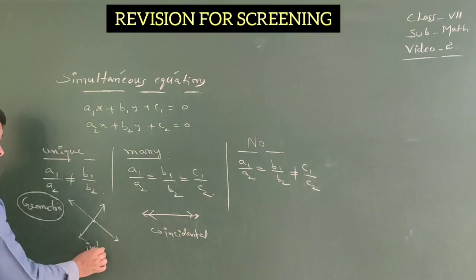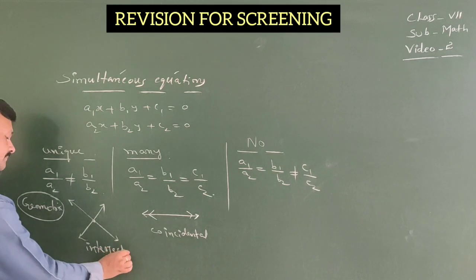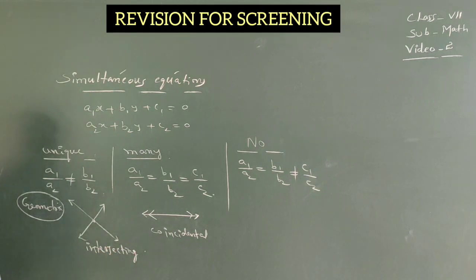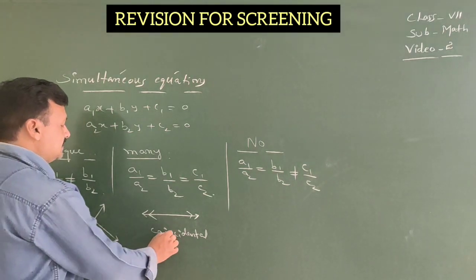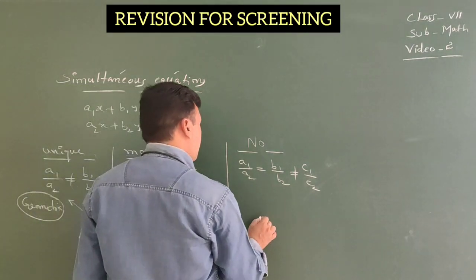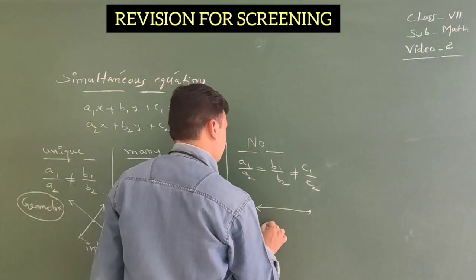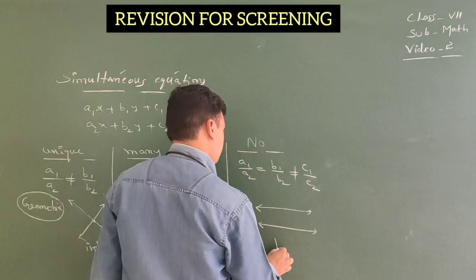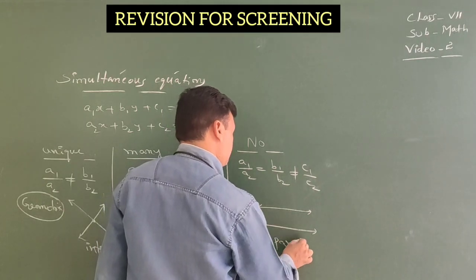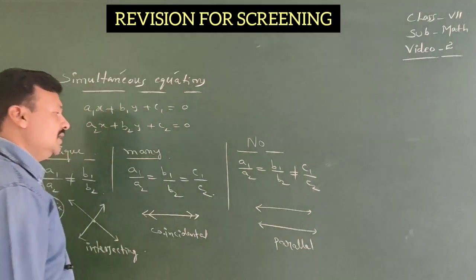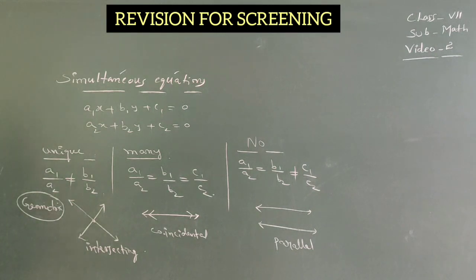Intersecting lines. Coincidental lines. Here, parallel lines.